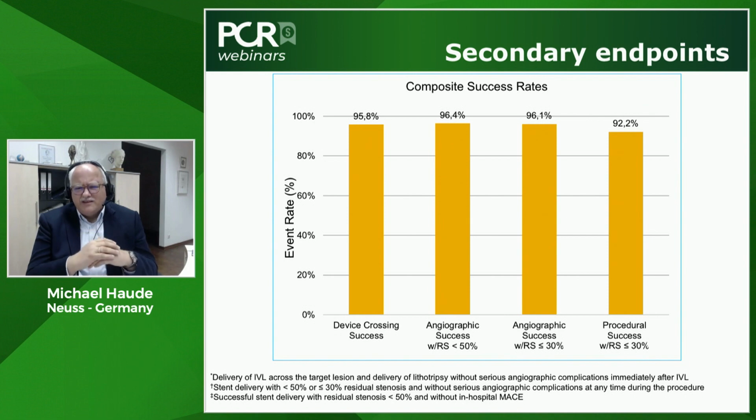Achieving something like that is not possible without a very good change in the compliance of the calcified lesion with a good technology. Therefore, these kinds of technologies like the IVL are very, very helpful in addressing these heavily calcified lesions and coming up with a good kind of success.